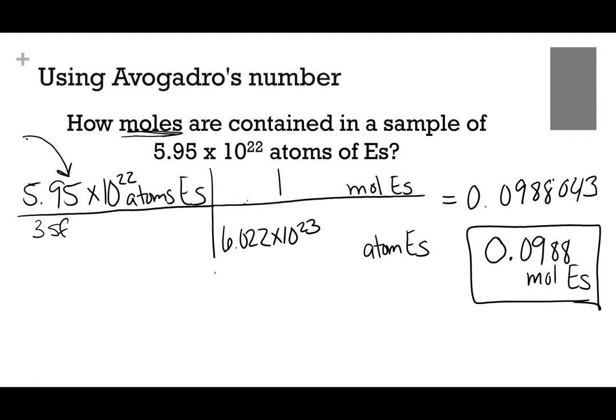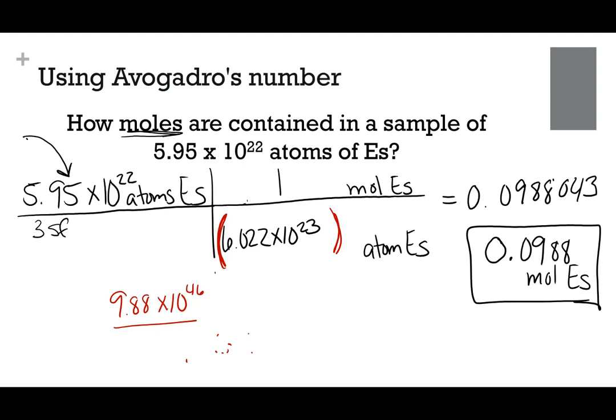The other thing that I want to address, I'm going to write this in red because it's wrong. But if you got a number something like 9.88 times 10 to the 46th, this number came out just because of the way that you typed it into your calculator. So if you got a number that spit out like this, make sure that when you divide by Avogadro's number, you put it into parentheses.